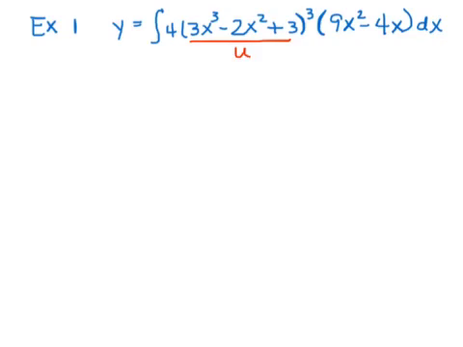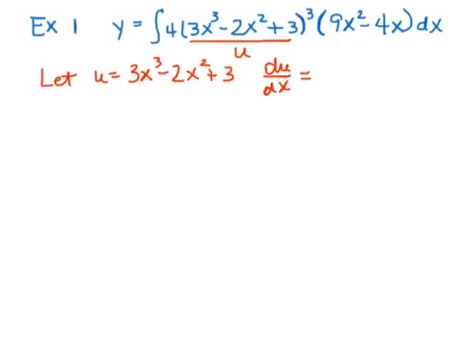And so I'm going to start with let u equal 3x cubed minus 2x squared plus 3. And we need to take a derivative. So we'll do du dx, because we replace the function and we replace the derivative, and take its derivative.